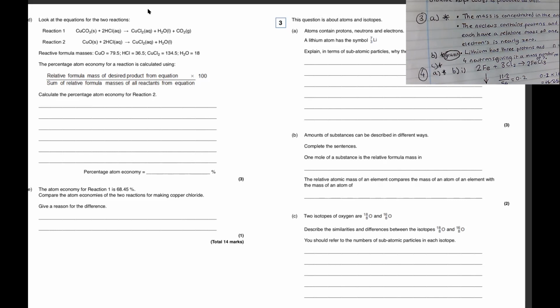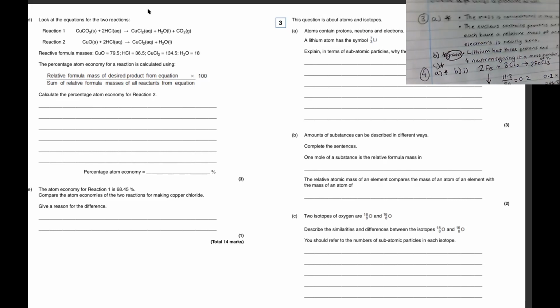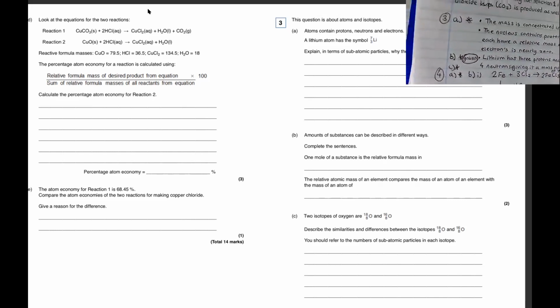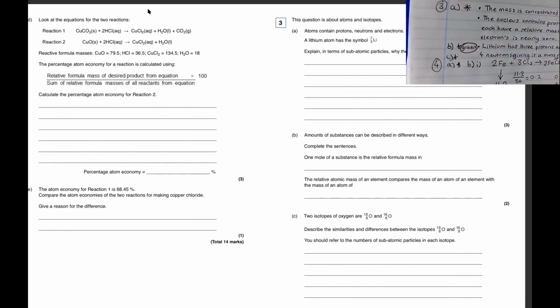Is it hydrogen? Because it's 1. Yeah, it almost feels like it should be hydrogen, doesn't it? But for this one, it's one of those which will crop up every now and again. They don't throw them in regularly, but it's worth remembering. So they compare it with the mass of an atom of carbon-12.